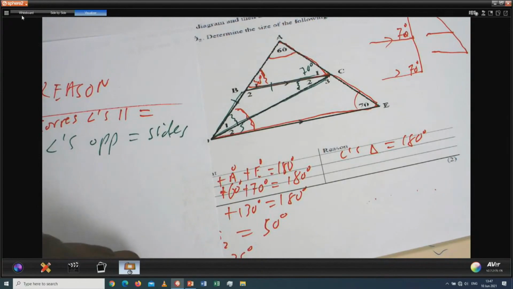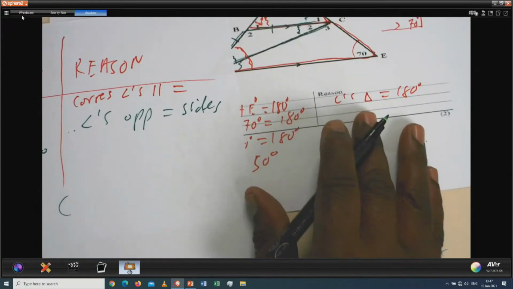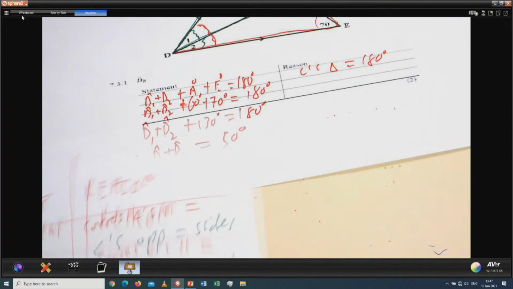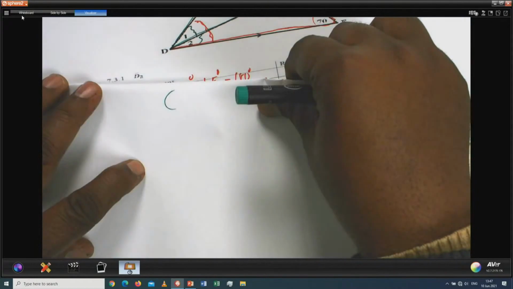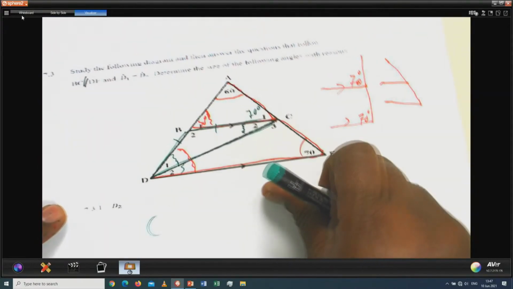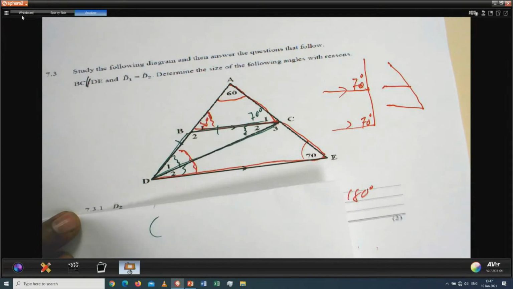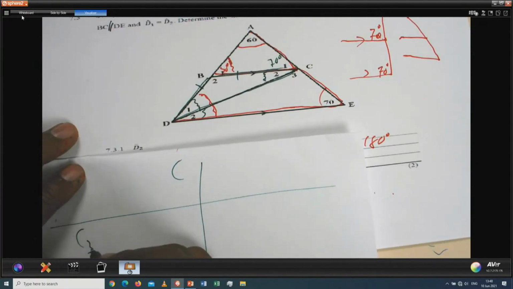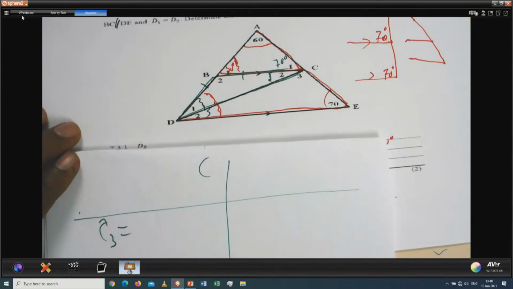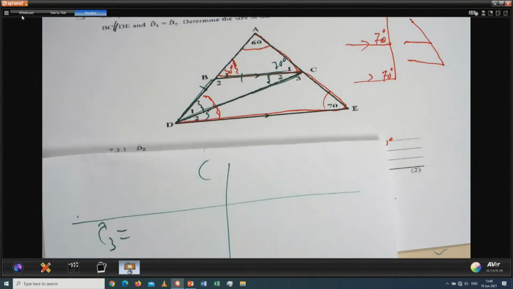Again, they say to you, okay, C3. The question is looking for C3. Again, your statement and reason. Now you see, where is C3 situated? C3 is situated in this triangle.